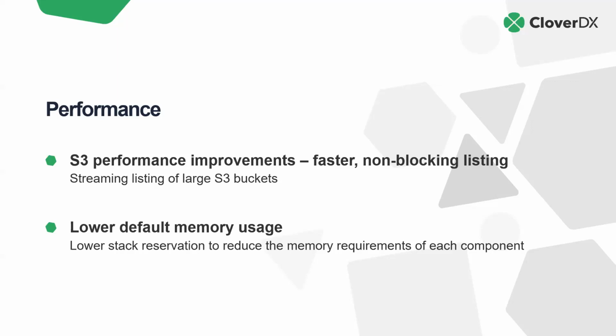The second quite visible performance improvement relates to memory usage of CloverDX jobs. What we've changed is that we've lowered stack reservation on the threads. And if you know how Clover runs, we run quite a lot of threads. Basically, every component in any job that you run requires at least one thread. So what we've done is to reduce the stack requirements for each of those threads.